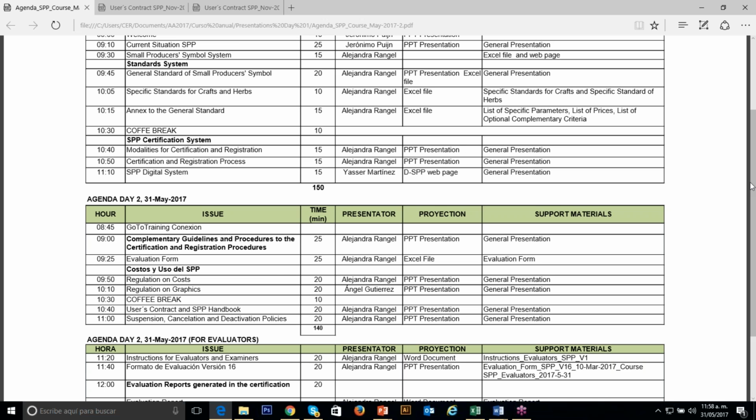But remember, Alfred, remember that small producers organizations means that the small producers, the small farmers that are certified through the organization certificate, are the owners of this system, of the SPP.